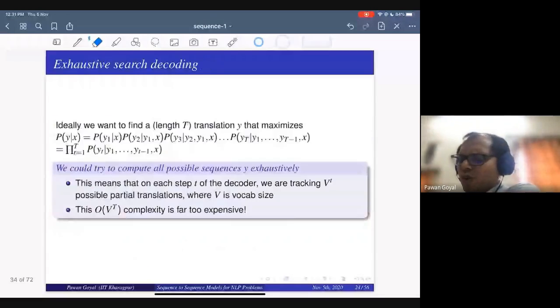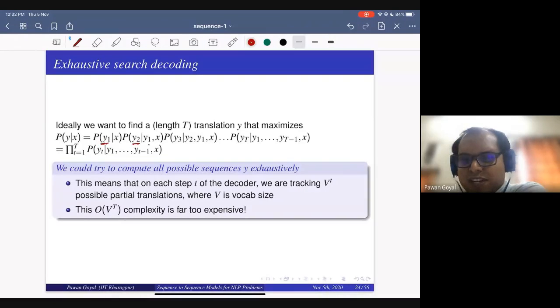So ideally what you want to do, you want to compute the probability of generating this word given the context: generating y2 given y1 and x, y3 given y2, y1 and x, yt given the previous words generated so far and the context x, right?